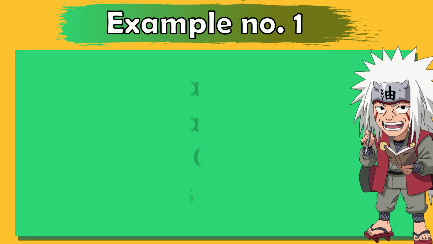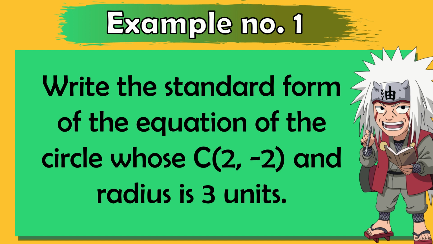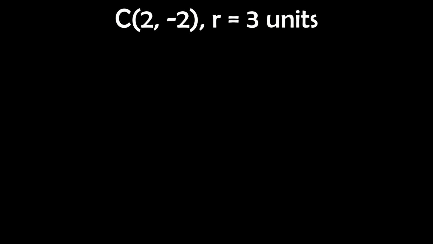So for example number 1, so nakalagay po, write the standard form of the equation of the circle whose center, tong C na to, ibig sabihin po ay center, is at 2 and negative 2, and the length of the radius is 3 units. Take note of the two given lang natin, di ba? We have the center, the coordinates of the center is at 2 and negative 2, and the radius is 3 units. So, di ba, ano yung sabi natin?